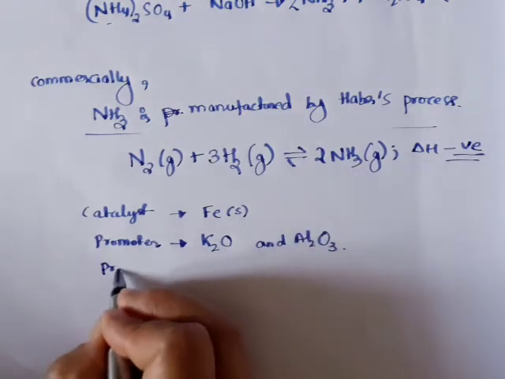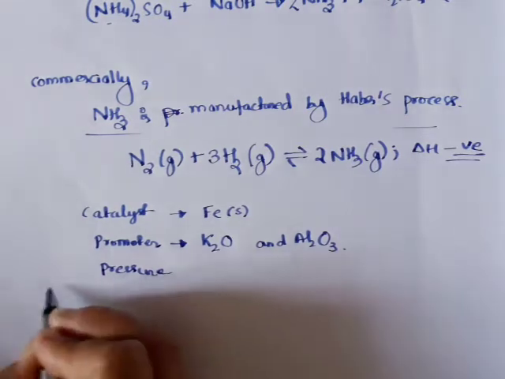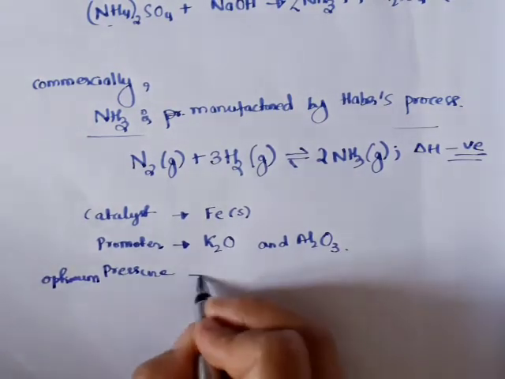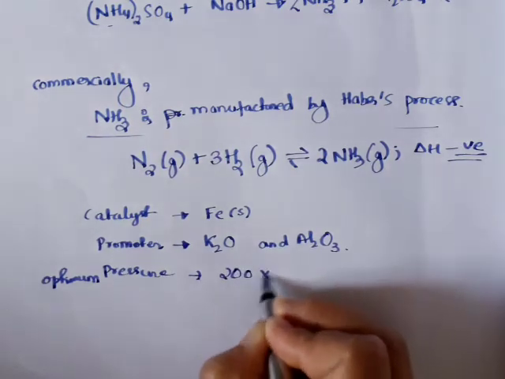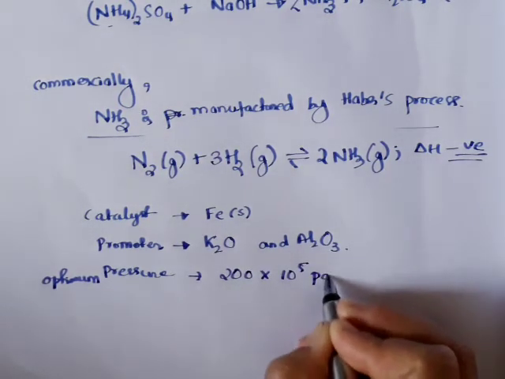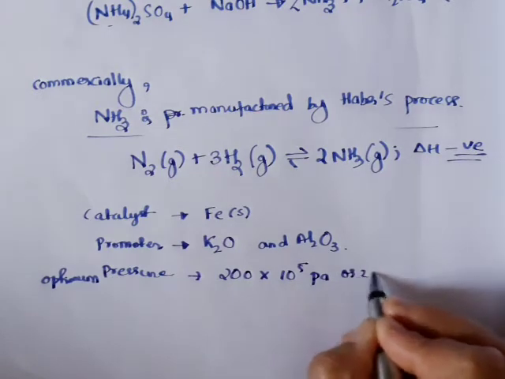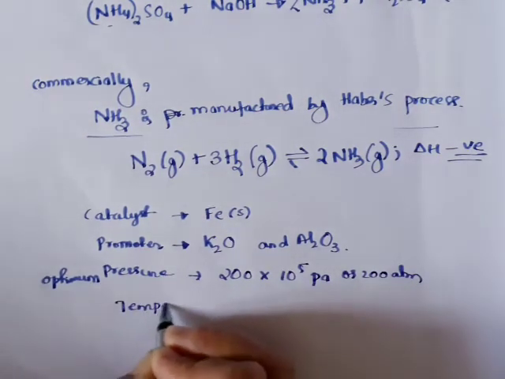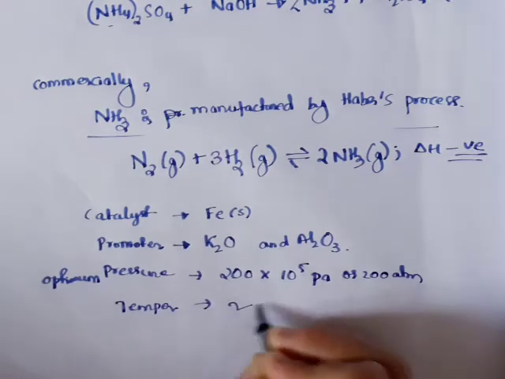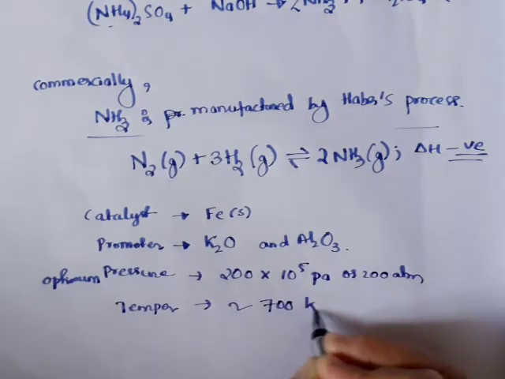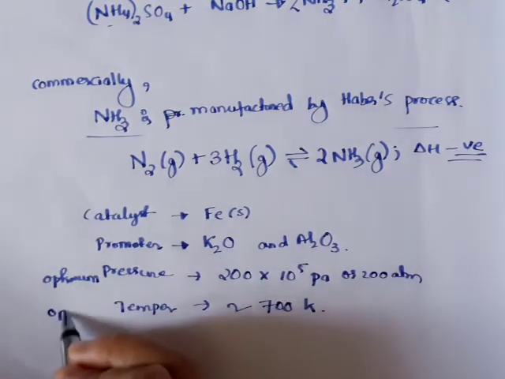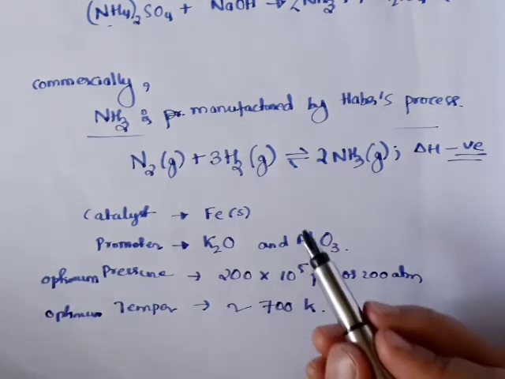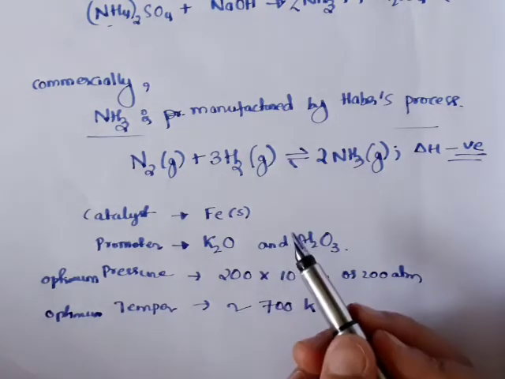So in this case the optimum pressure, where the yield is maximum, is about 200 into 10 to the power 5 Pascal or 200 atmosphere, and the temperature is about 700 Kelvin. These are the favorable conditions for the manufacture of ammonia.